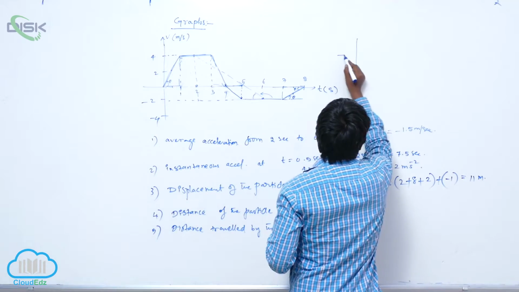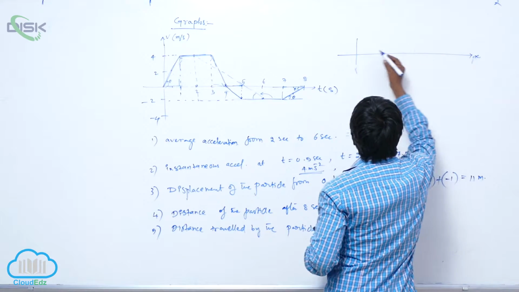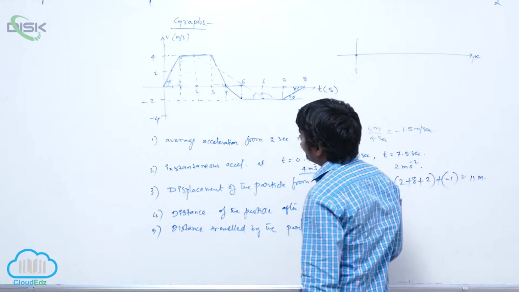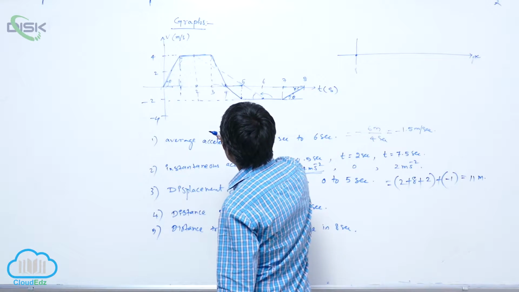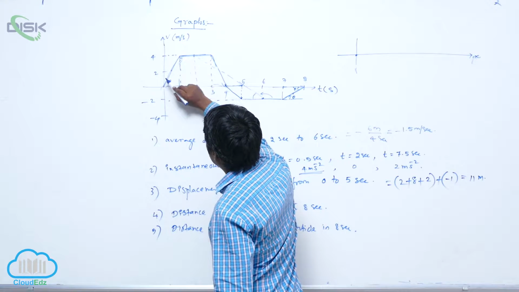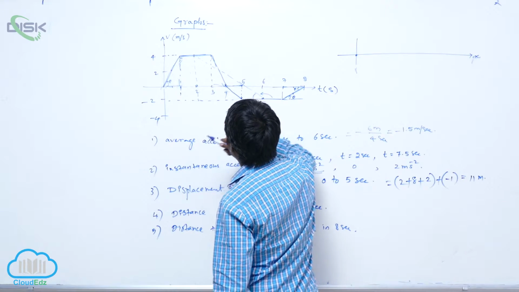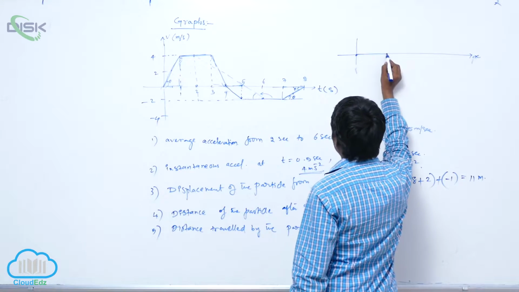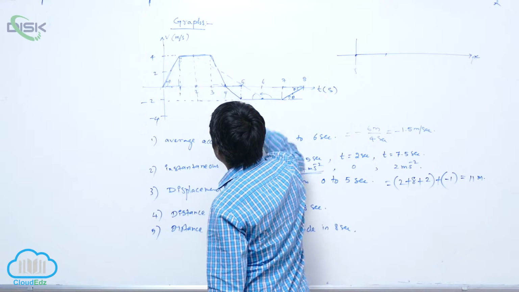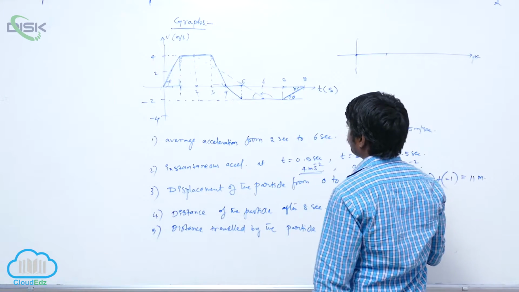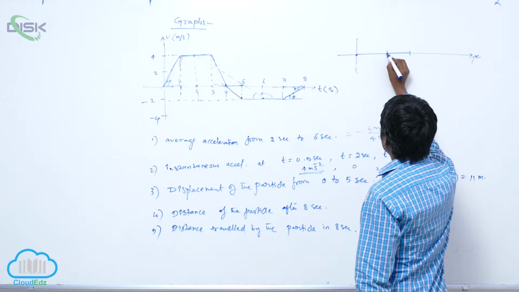Here is one situation. This is the x-axis. From here to here, acceleration is positive, so velocity gradually increases, uniformly accelerated motion. Next, from here to here, velocity is constant, so it moves with uniform velocity.